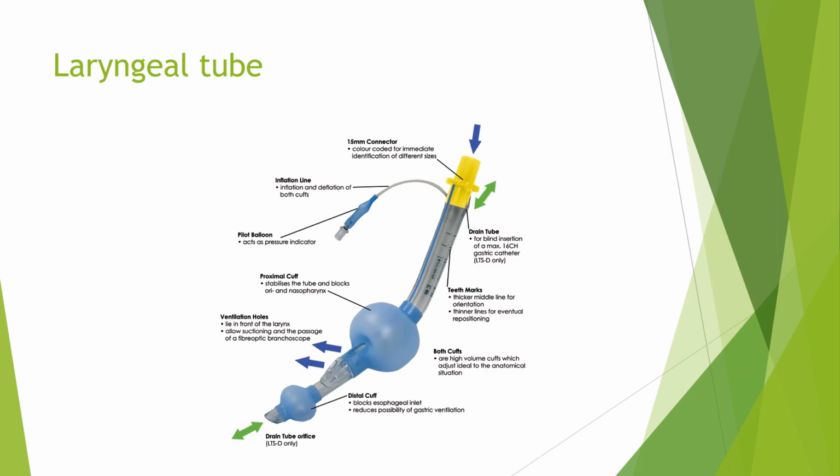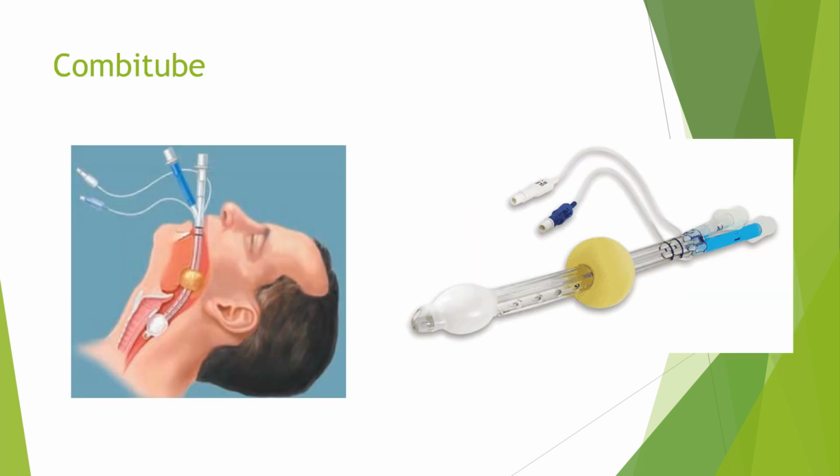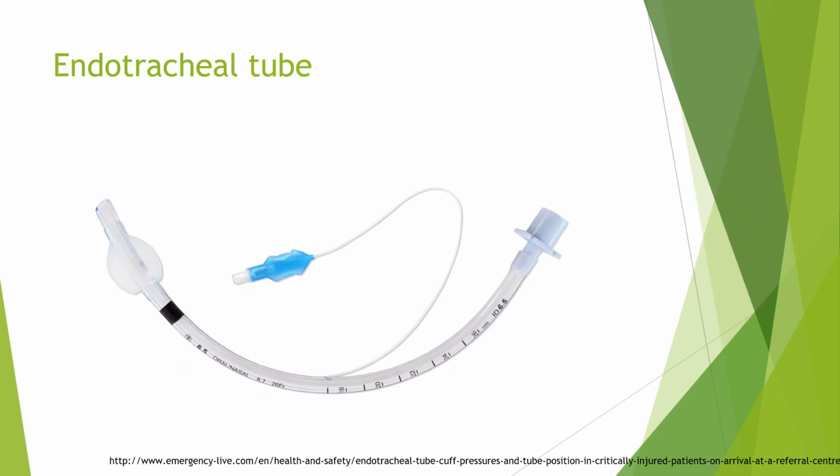The laryngeal tube and the combi tube use similar methods and similar apparatus, but with a different mechanism. Lastly will be the endotracheal tube. We will talk about intubation later.